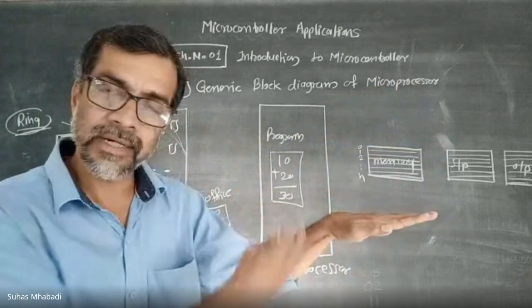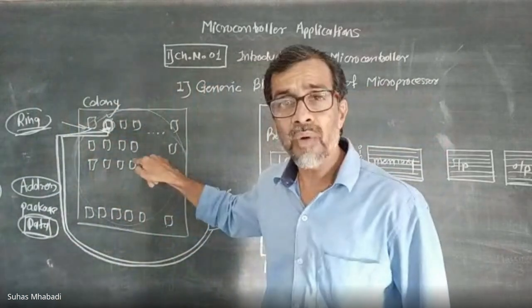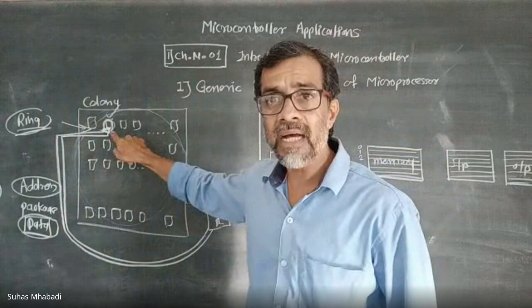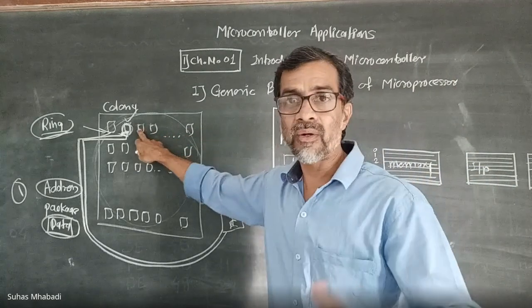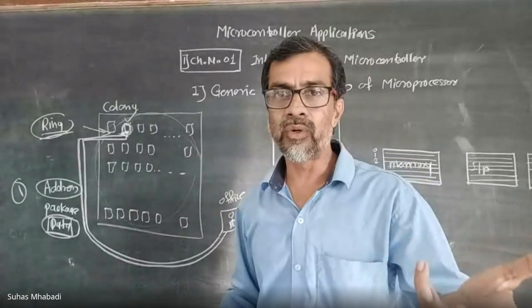The address should be different. Take the houses where people reside: I don't know, maybe three, four, five, six people, I don't know the members in the house.